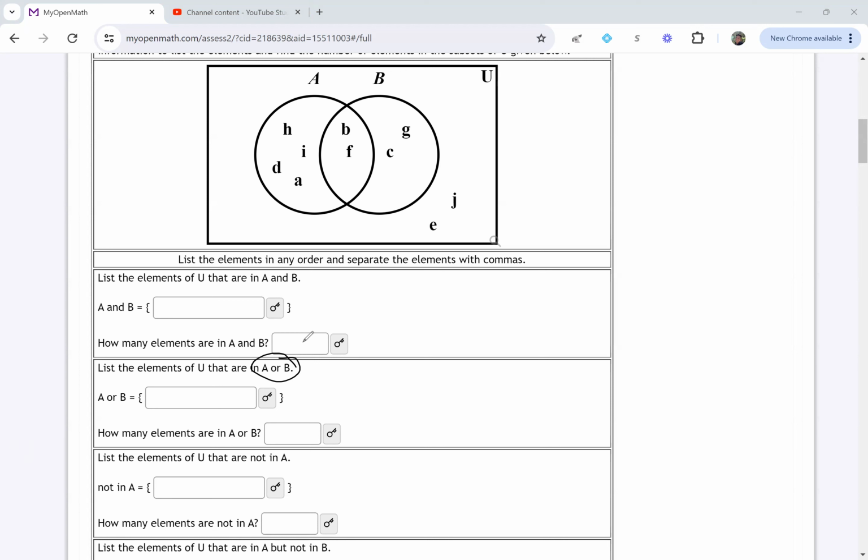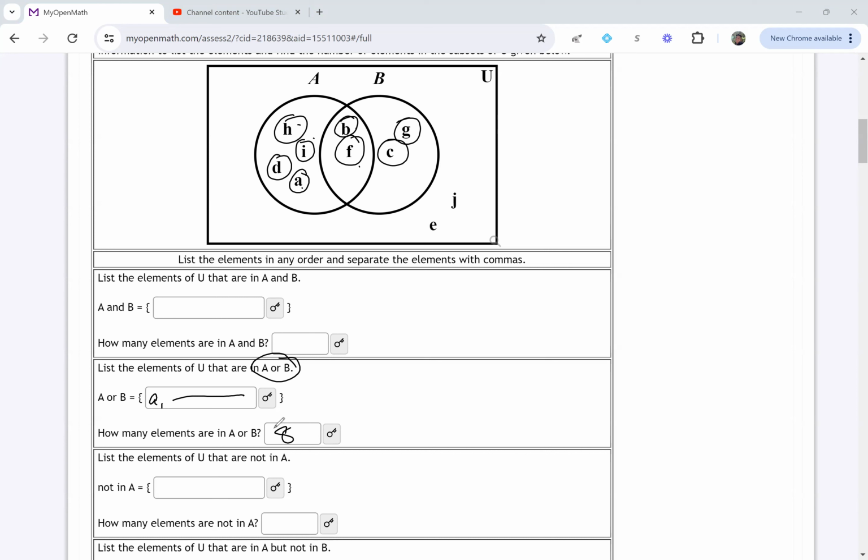And so that would be A, D, I, H, F, or B, F, G, and C. So all of those, and I won't write them all out here, but all of those are in A or B. And if we count how many of those we have: 1, 2, 3, 4, 5, 6, 7, 8. So we would say that there are 8 elements in A or B.